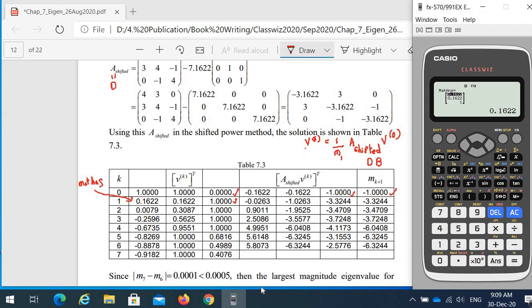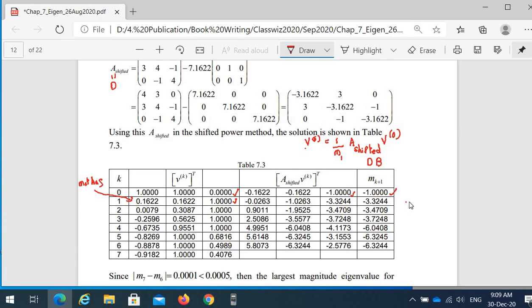So for the next iteration, to get V2, which is 1 over M2 times A shifted multiplied by V1.